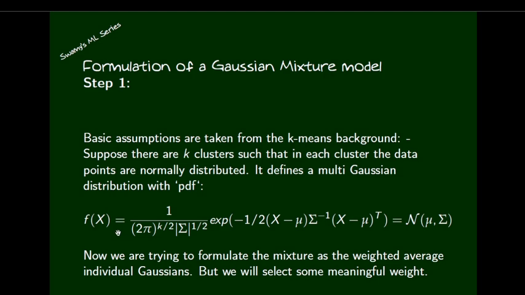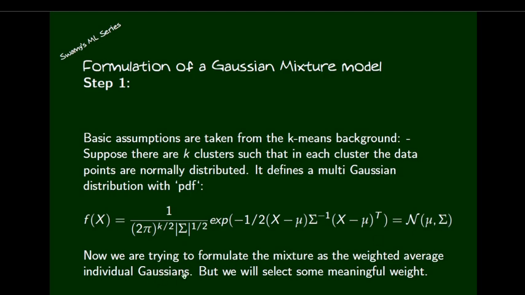As I told you in the previous slide, f of x equal to this expression: 1 by 2 pi the whole raised to k by 2 mod sigma raised to half into e raised to minus half x minus mu into sigma raised to minus 1 into x minus mu transpose. This can be represented as N(mu, sigma). Here mu is the mean vector and sigma is the covariance matrix.